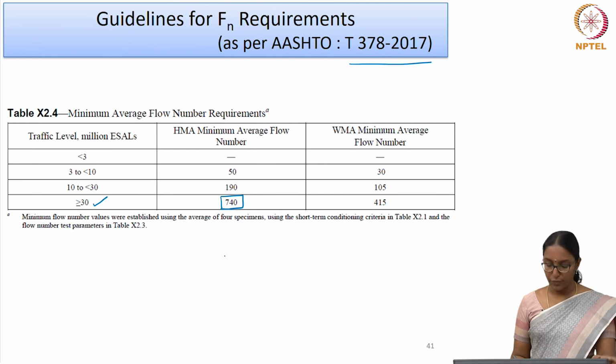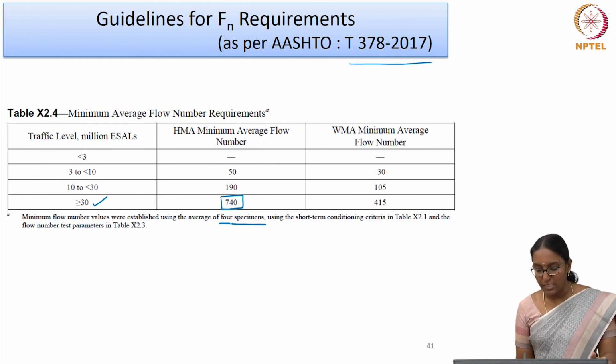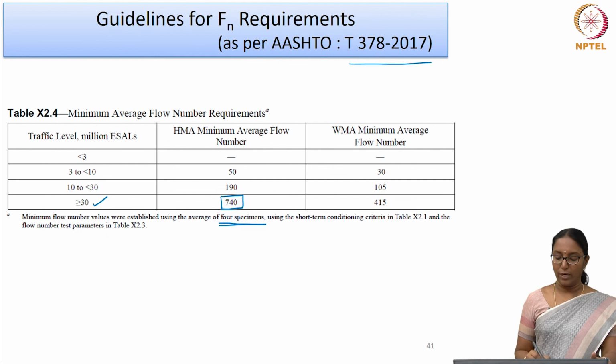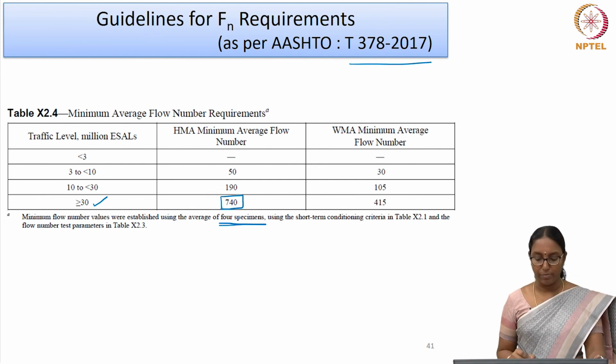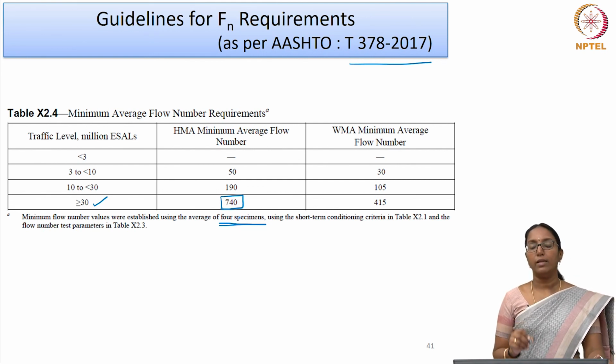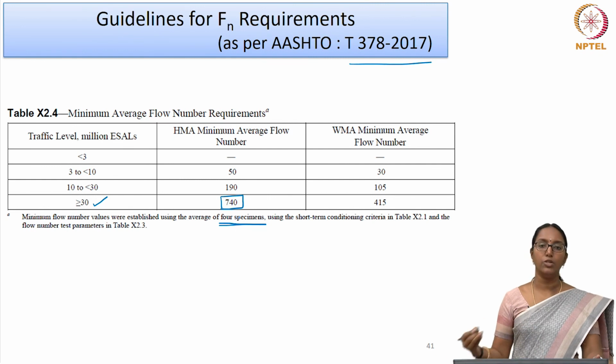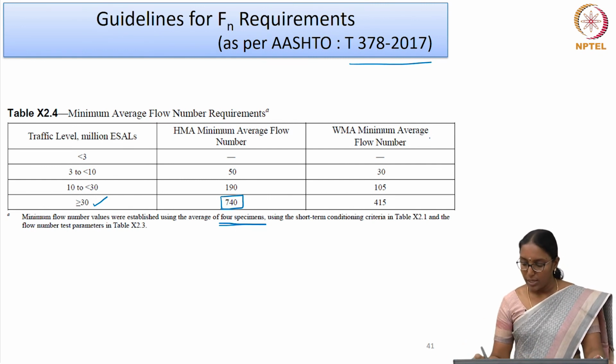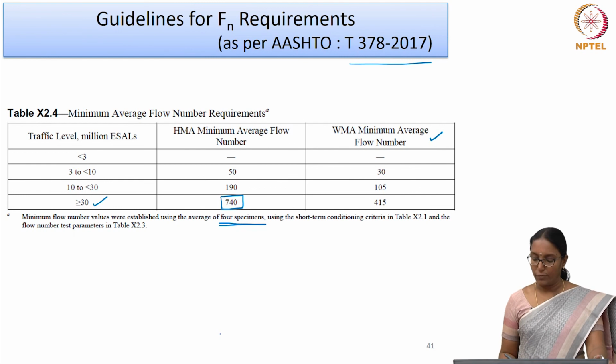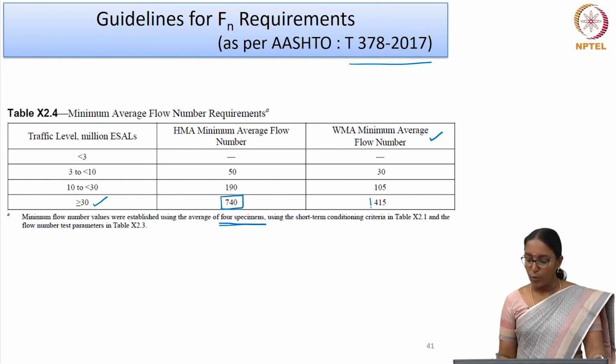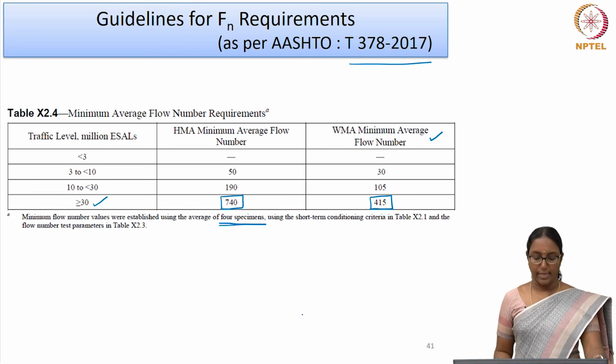And when I say average flow number, at least 4 specimens should be tested, and an average value of at least 740 flow number should be there for the specimen. Then only you can recommend that material to be used in the field. Now these are the guidelines for warm mix asphalt. It recommends that at least 415 should be the flow number if it is a warm mix asphalt.